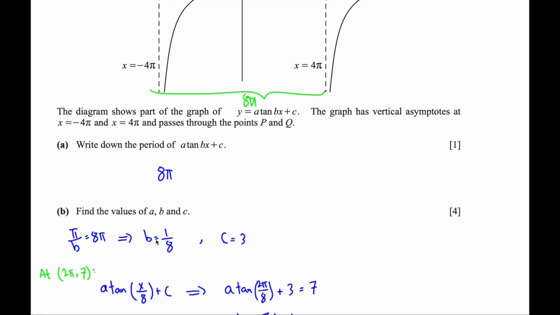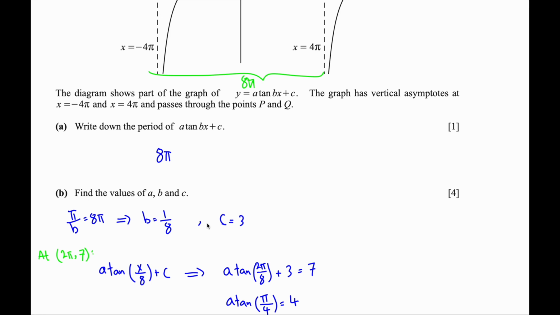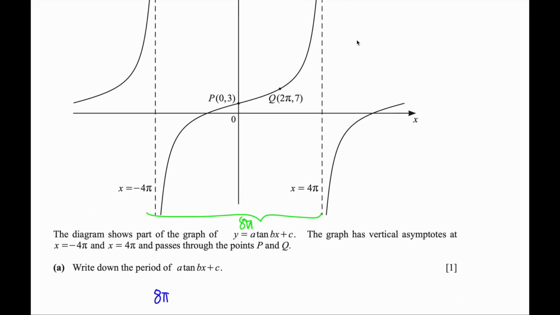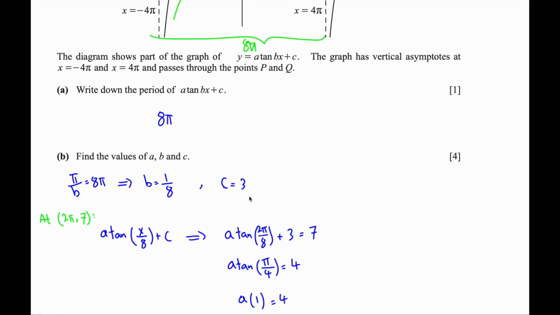So if you cross multiply, you get B to be 1 over 8. And if you recall a normal tangent curve, which looks like that, it's passing through the origin. So if this is my principal axis, I have to shift it 3 units vertically upward to get to this point. Therefore, C has to be positive 3.